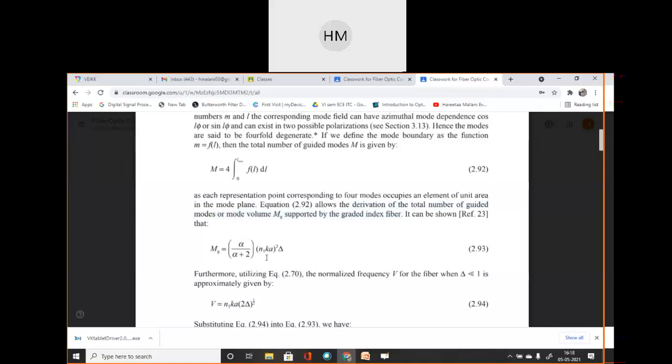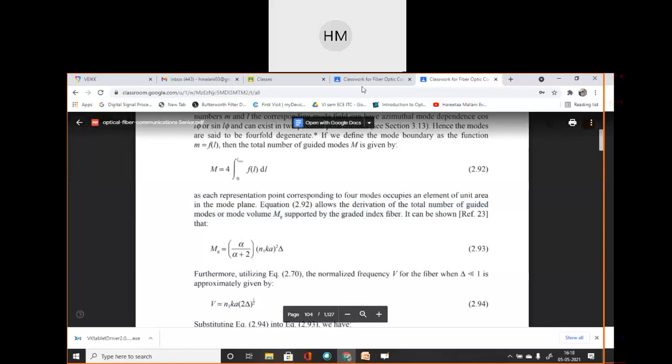You can write Mg is equals to, this is, we are talking about graded index fiber only, okay? Mg is equals to alpha upon alpha plus 2, n1 ka the whole square del.